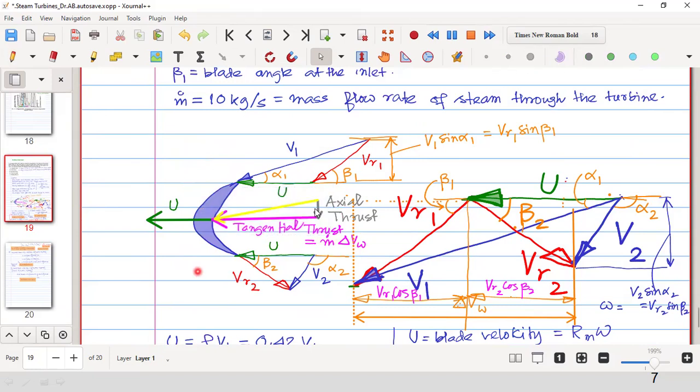Is the yellow arrow visible? Or should I give another color? Now you can see, I guess. This is the resultant thrust.